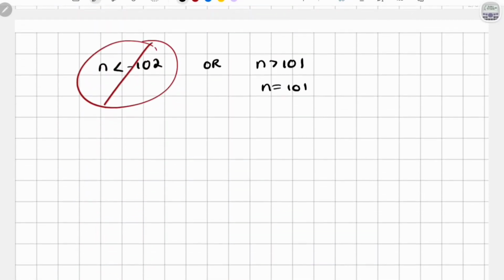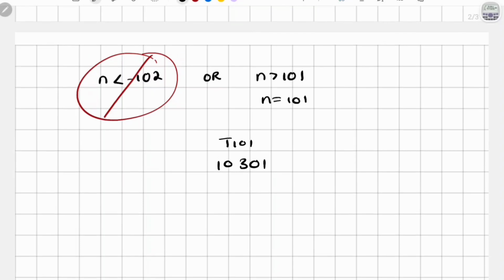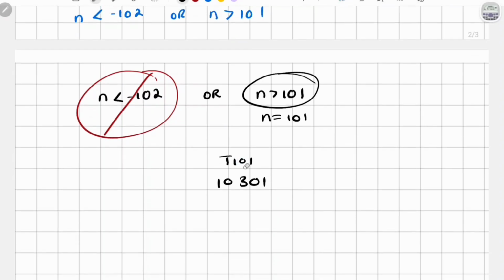So it means that term 101 is equal to 10,301. But we need a term that is going to be greater than this. So think about it. Since term 101 is 10,301, the very first term that will be bigger than this number would be the term immediately after term 101, which would be term 102.